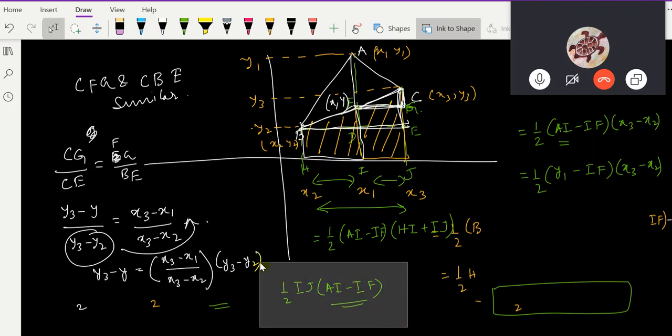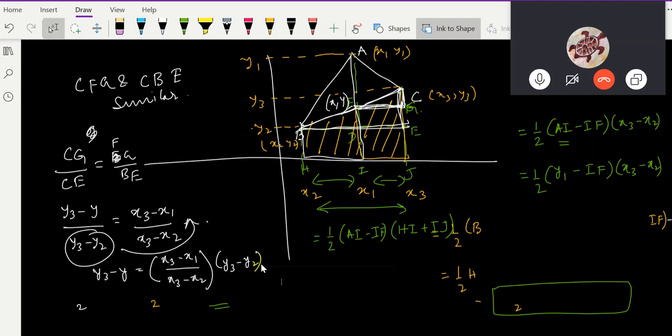So Y would be Y3 minus X3 minus X1 by X3 minus X2 into Y3 minus Y2.